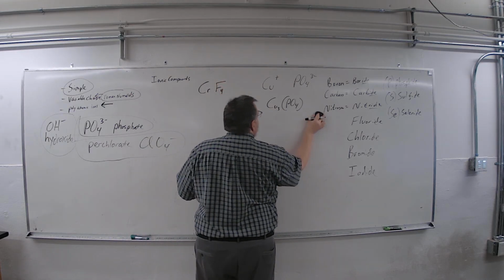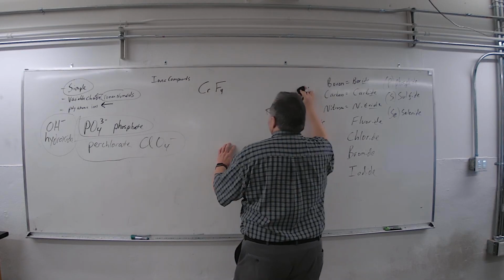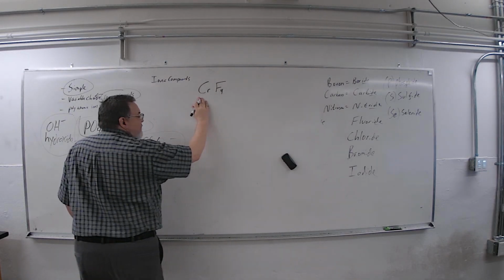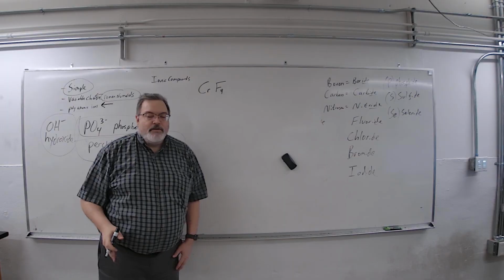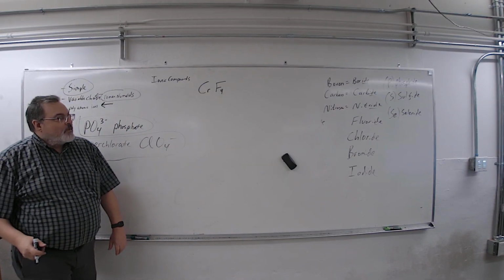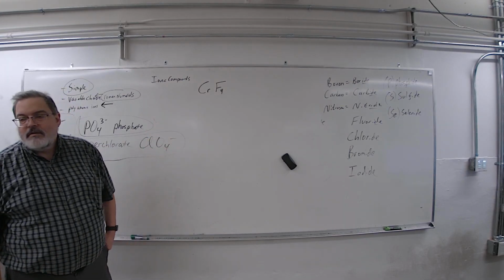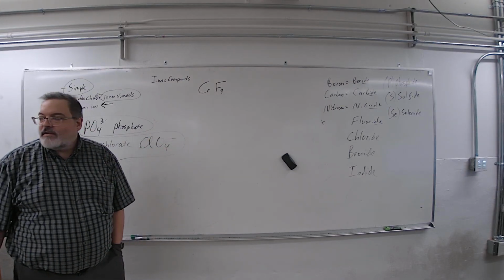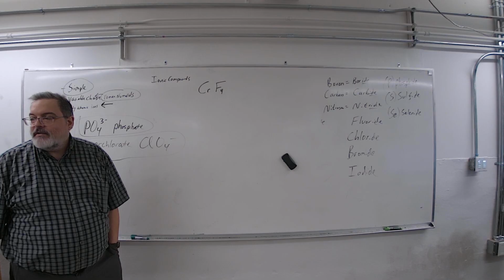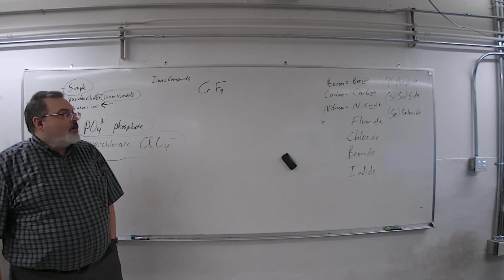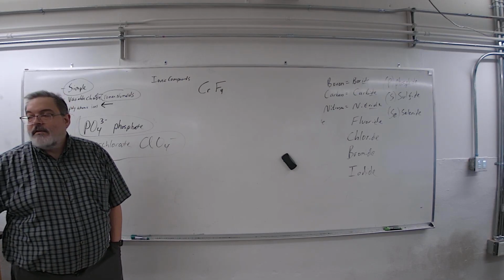What should I use? That's called chromium. That's down in the fat part. That's still in the transition metals. If I say, what is the charge on chromium here? Do you see how you can infer it? You can figure out what it is.